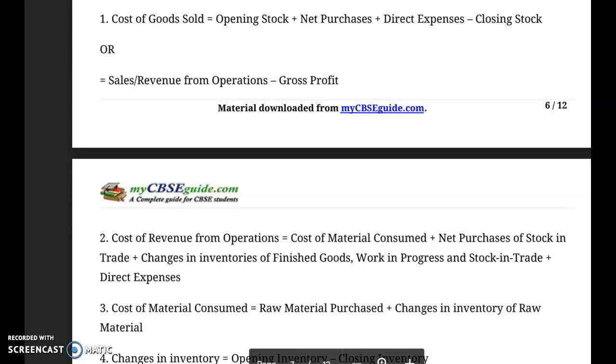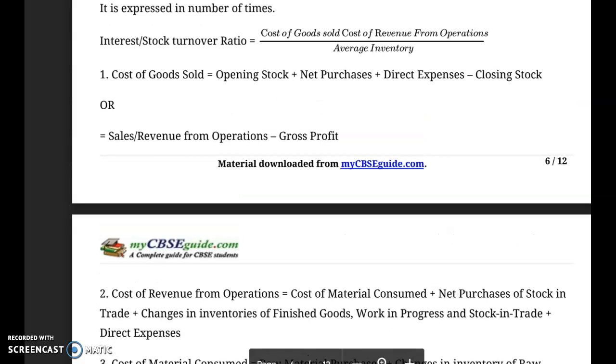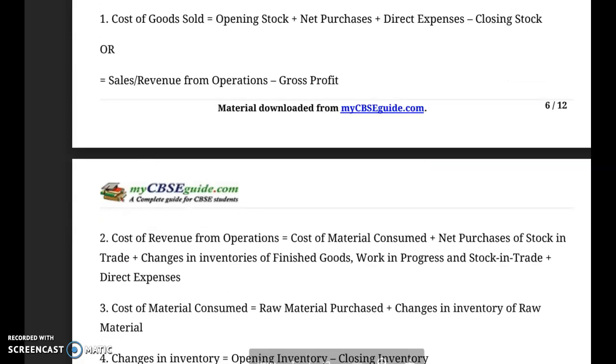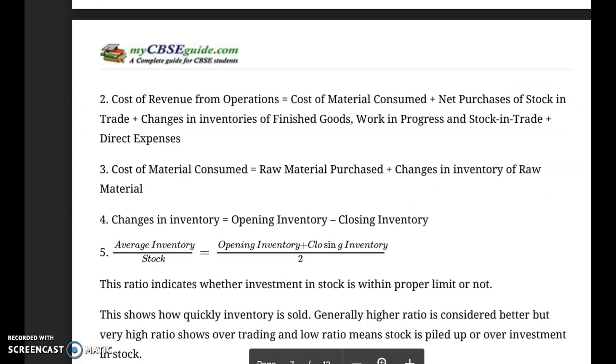Now, if you find out this formula, you would also have the same answer as we had calculated with reference to the first and second. Then, with reference to the average inventory here means very simple, opening stock plus closing stock divided by 2. Average inventory here means the stock, that is opening inventory, closing inventory divided by 2 will give you the result of average inventory stock or the average inventory.